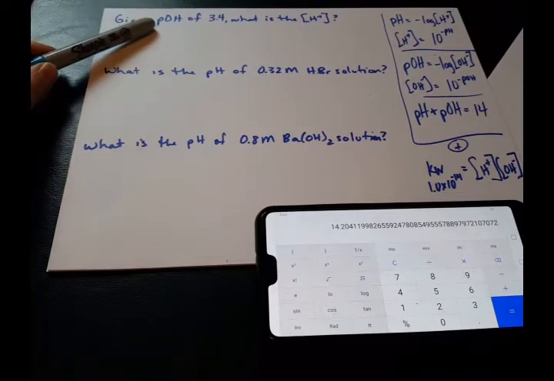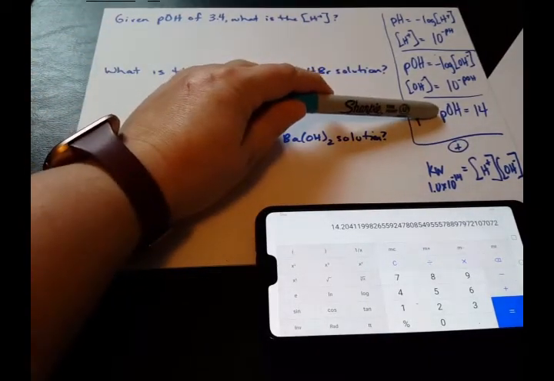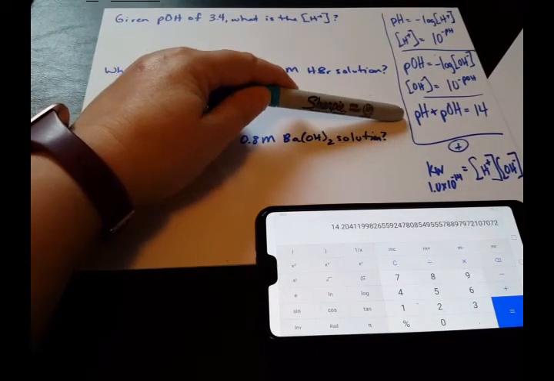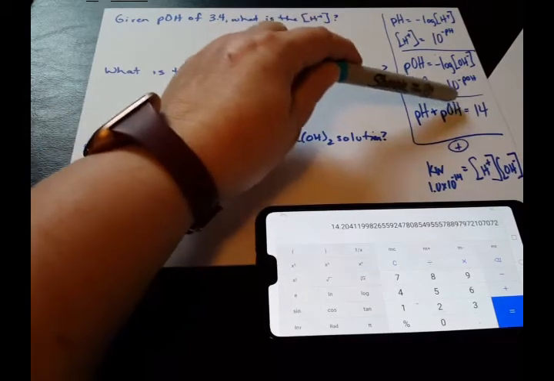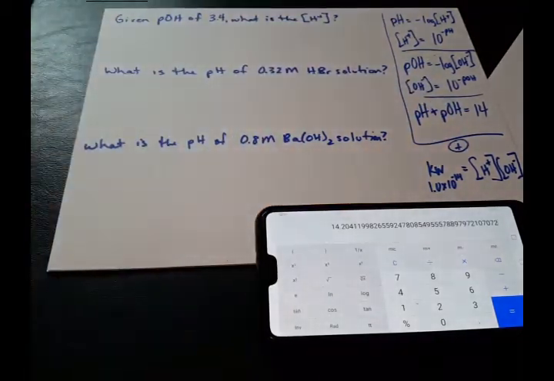So a pOH is part of the logarithmic scale that's showing us the strength of either the H or the OH. In the case of pOH, it's talking about the strength of the OH in the solution.